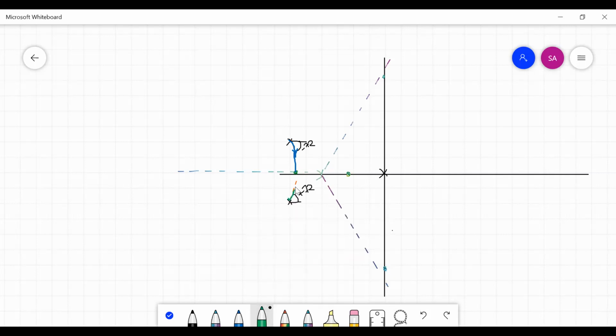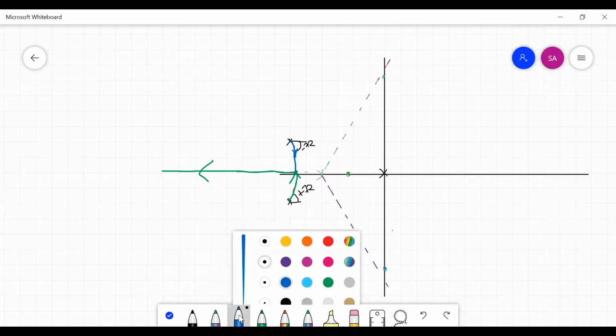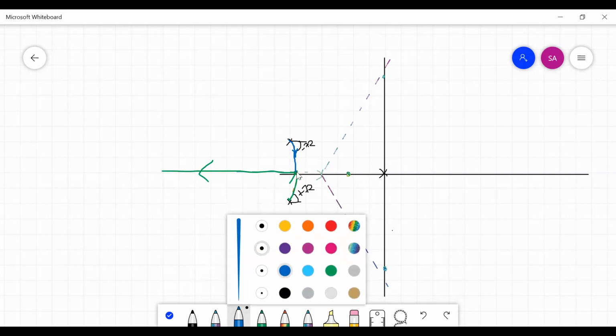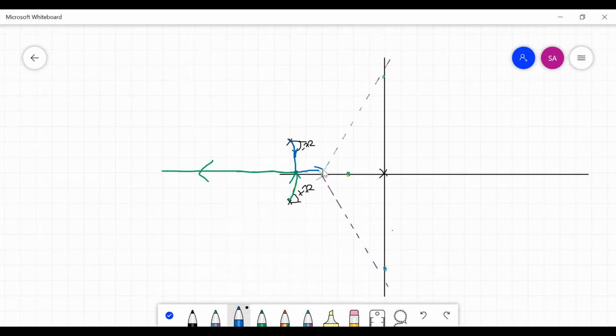It sees here. Then one of them goes along this asymptote to meet the 0. The other one comes like this towards this point.